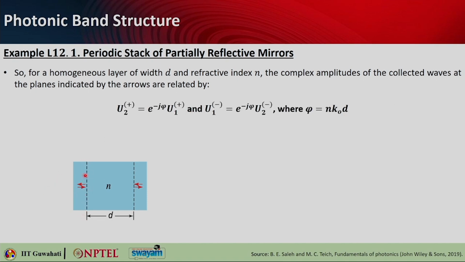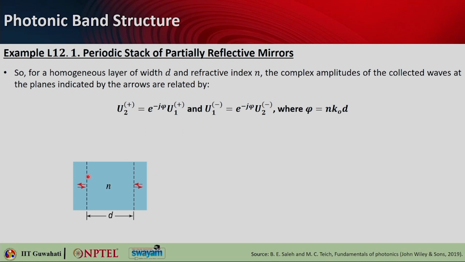If you look at the complex amplitude at this particular plane, you can call this U1. Forward one will be U1 plus, backward one will be U1 minus. The amplitudes here will be U2, the forward one will be U2 plus, and the reverse one will be U2 minus. So, how are they related?